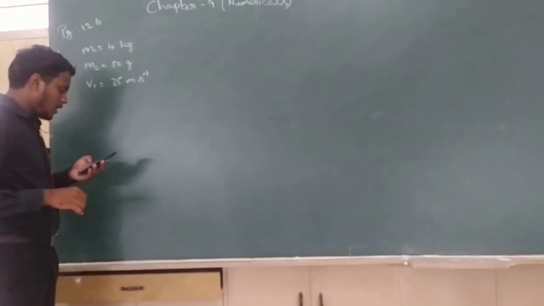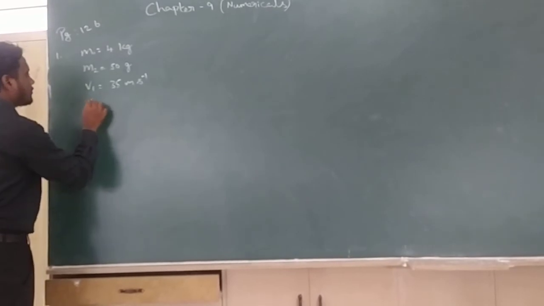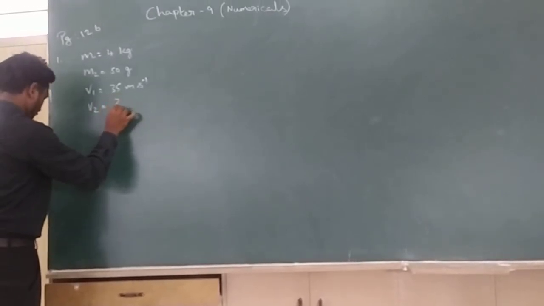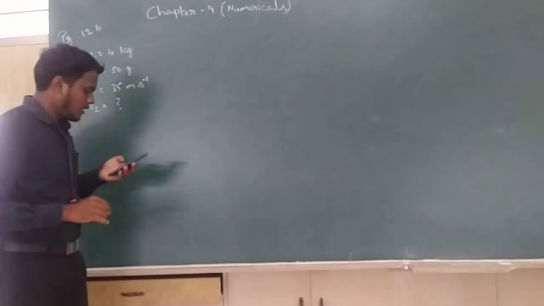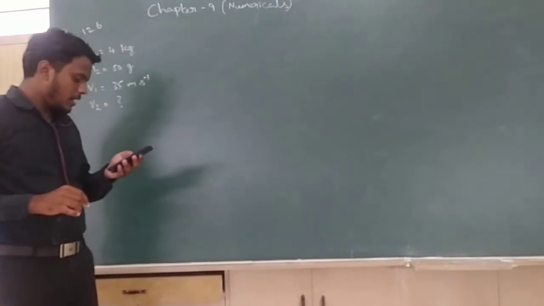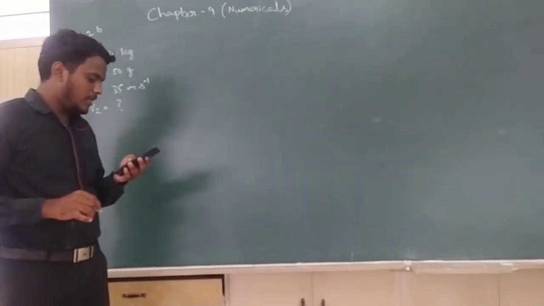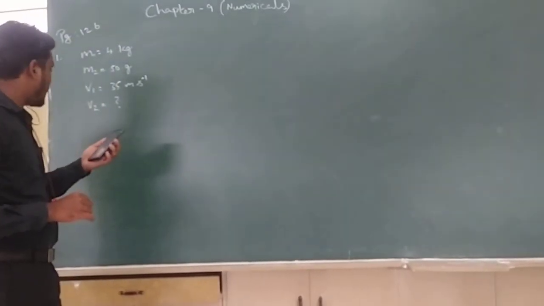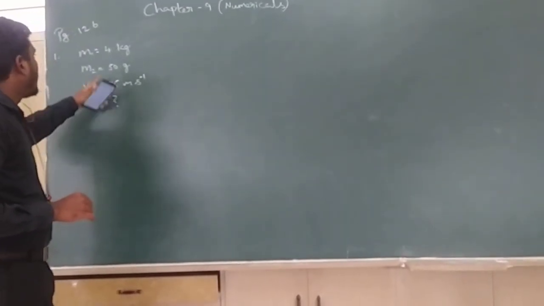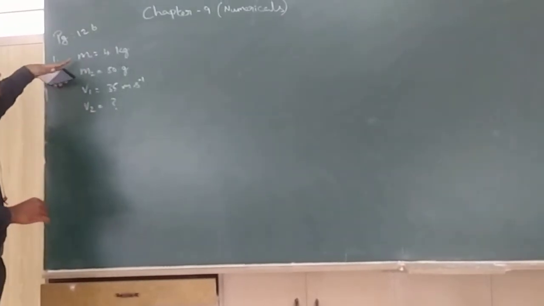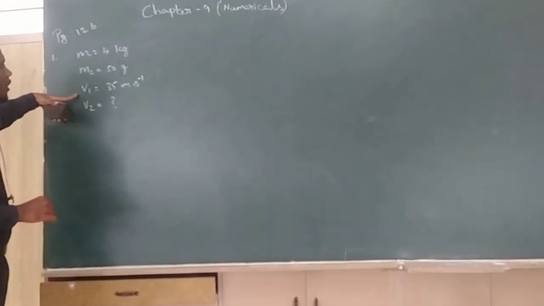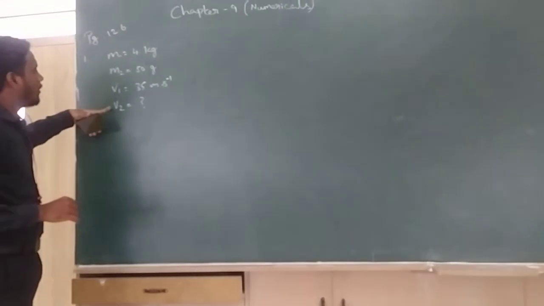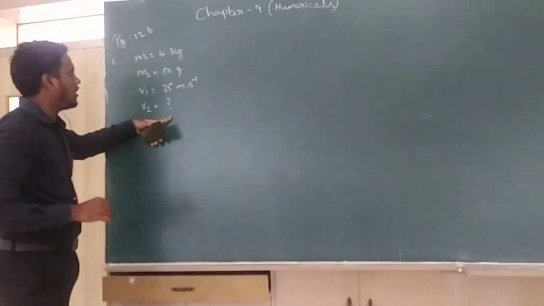Calculate the initial recoil velocity of the rifle. They are just asking us the initial recoil velocity. So from this we can see that they have given us the mass of object 1, the velocity of object 1, and the mass of object 2, and they have asked us to find the velocity of object 2.